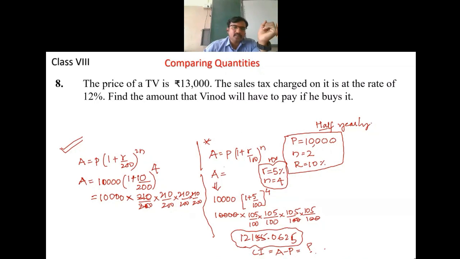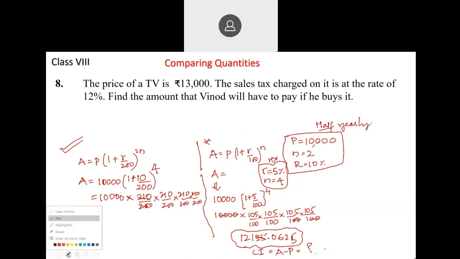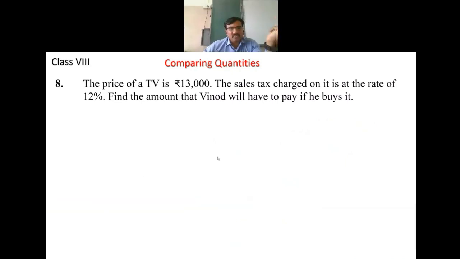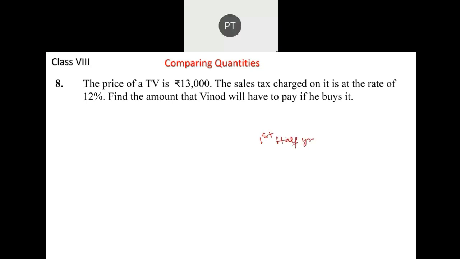Shobhan had a different doubt. What is his doubt? We'll ask him. Sir, I made 200 by 100 instead, sir, in that first 2n method. Okay. Listen, Shobhan, this also can be solved in a traditional method. How we were doing it for 1 year, we have to calculate for every half year. First half year we will find out the amount, then for second half year, then third half year, then fourth half year.